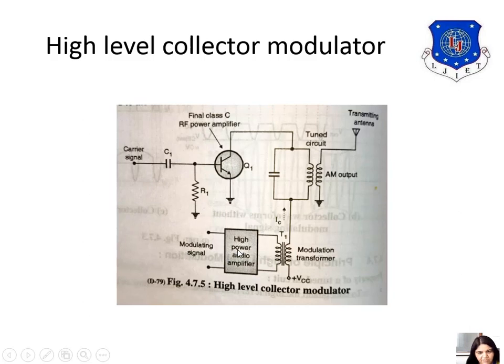So the modulating signal is first amplified, and after amplification it goes for the process of modulation. The high power audio amplifier amplifies the modulating signal to a high power level, and then the secondary winding of the transformer T1, which is also connected with the plus VCC, adds to or subtracts from the value of VCC, and it produces the output.